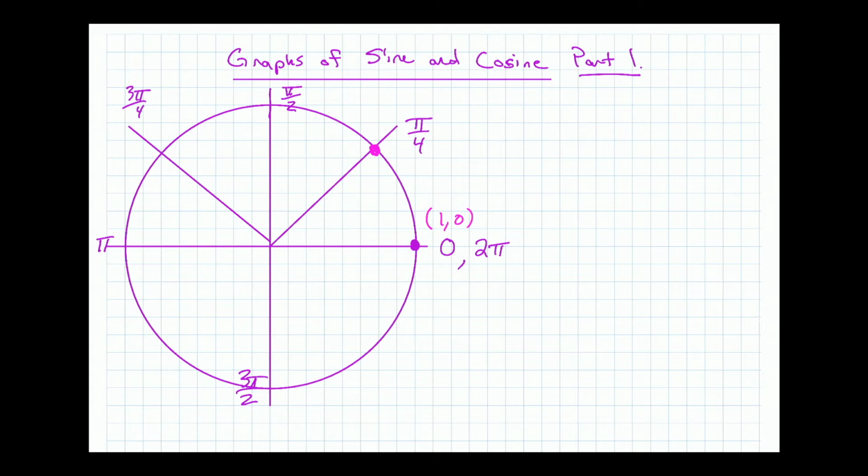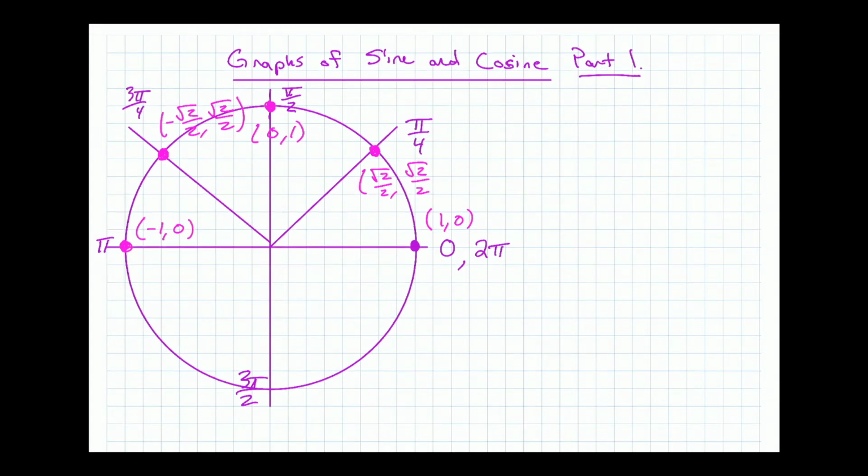This point here is (square root 2 over 2, square root 2 over 2). Up here we have (0, 1). Over here, that would be (negative square root 2 over 2, positive square root 2 over 2). Over here, (negative 1, 0). Down here, (0, negative 1). And then if you come back around, you get to (1, 0) again.